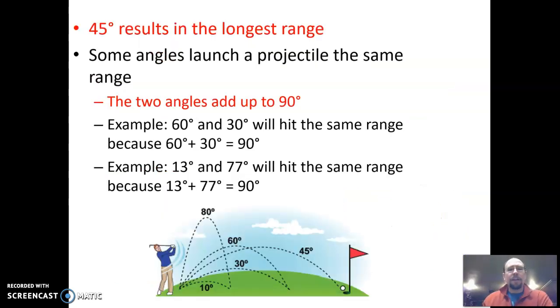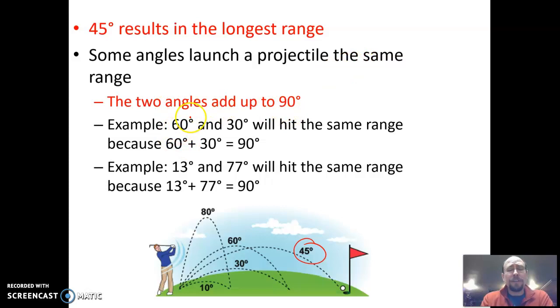And other things you need to know about projectiles is that if a projectile is shot at an angle, 45 degrees will give you the longest range. And then if you have two angles that hit the same range, those two angles actually add up to 90 degrees.